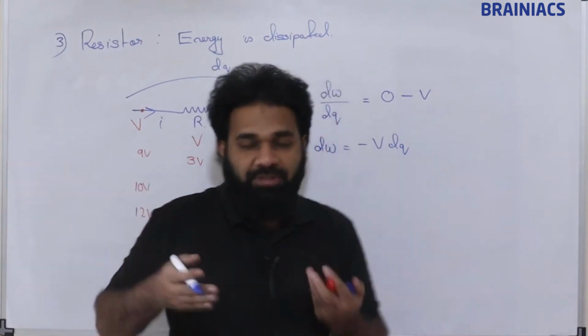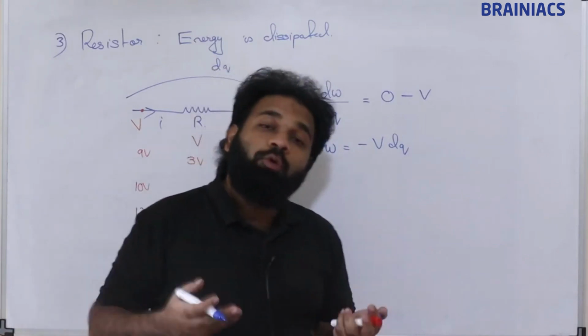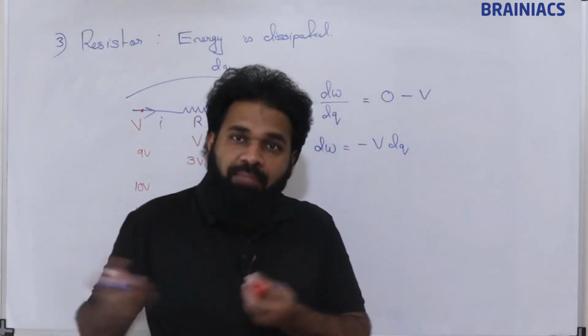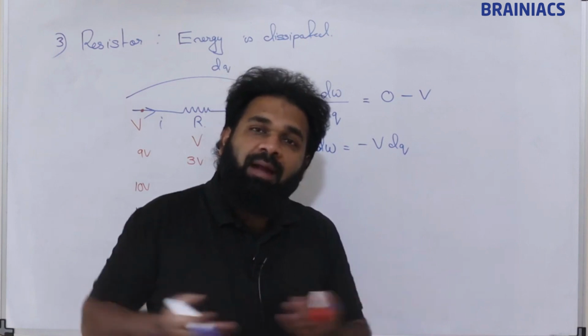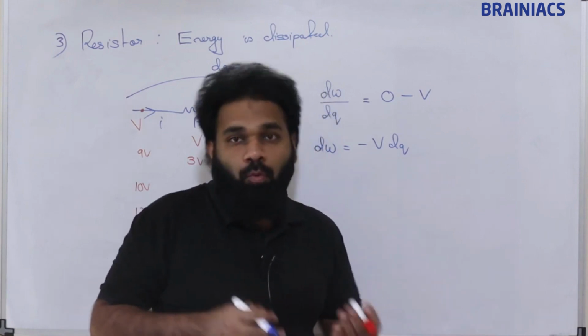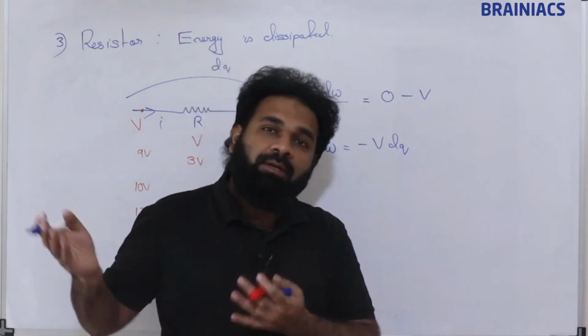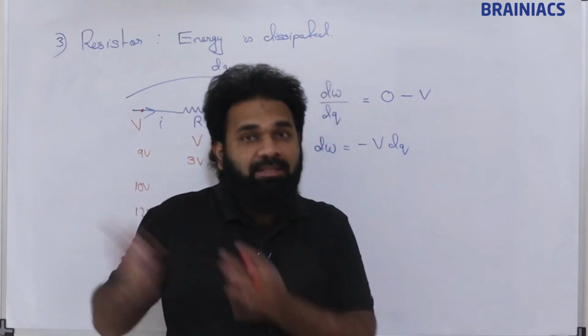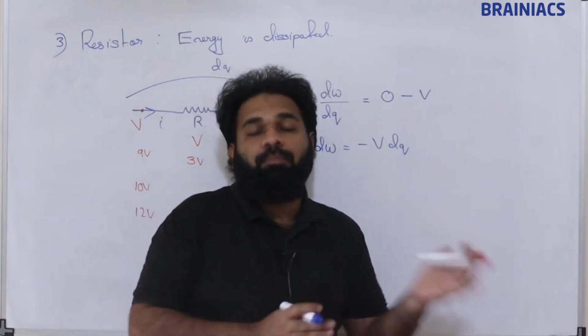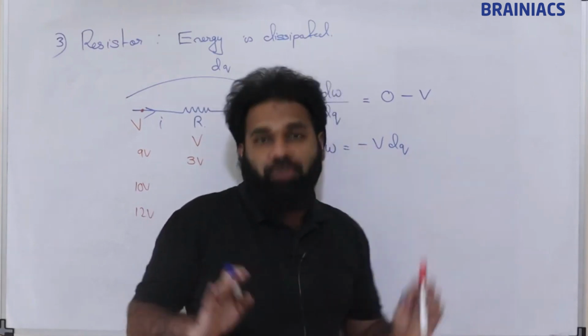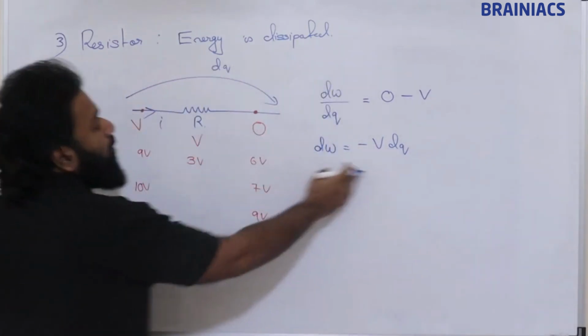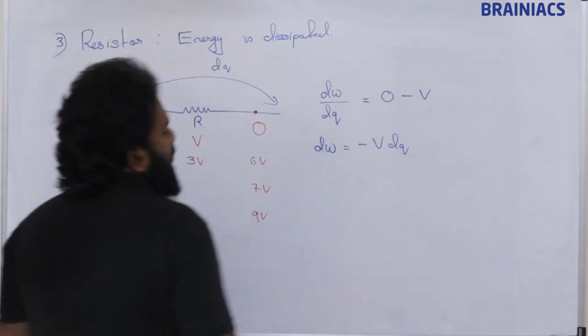Suppose 10 joule is supplied. If one battery is charging, it will take 3 joule, and one resistor will take the remaining 7 joule. So the total energy released will be the total energy absorbed in the circuit. So dW is equal to minus V dq.